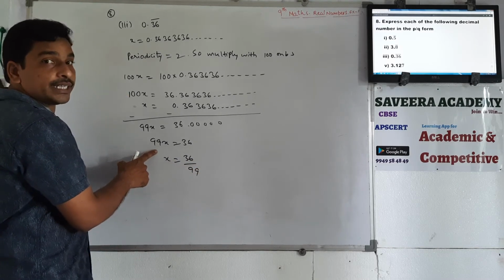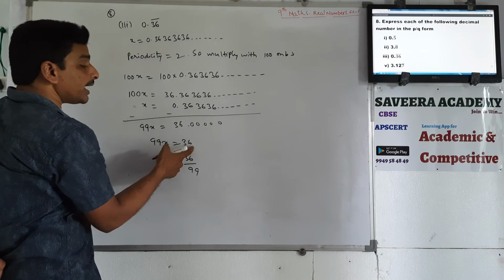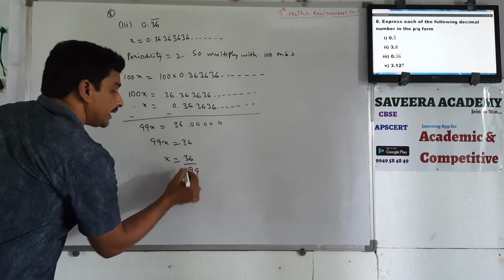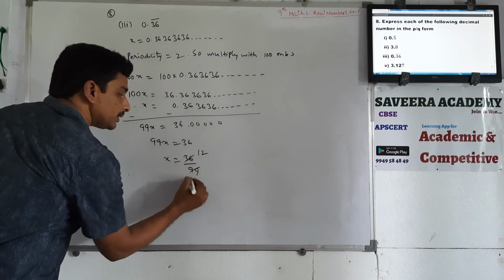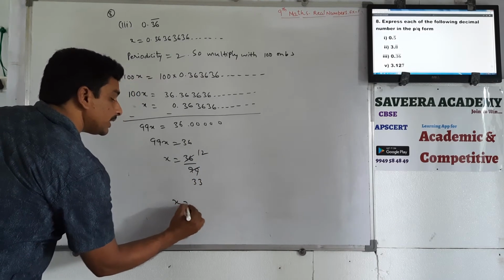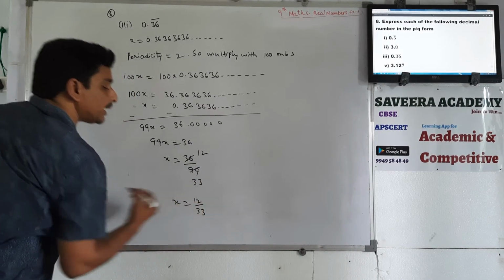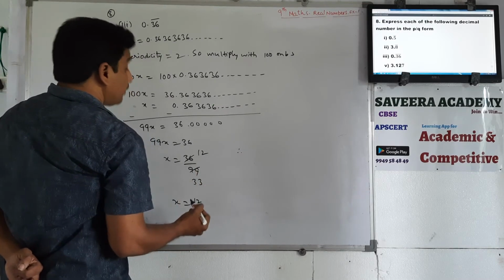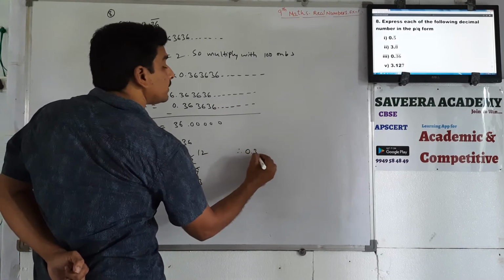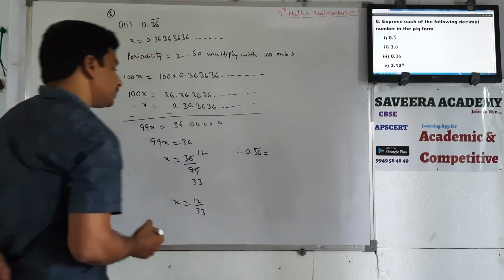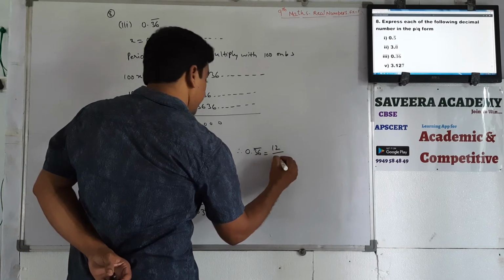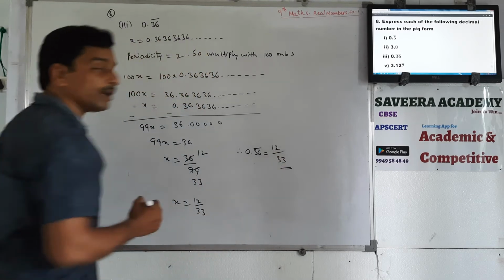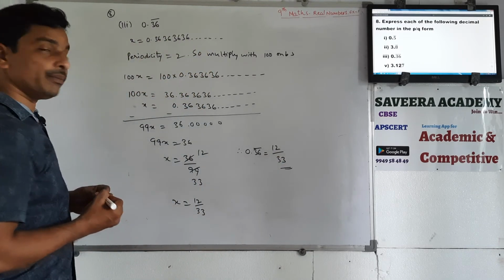On the left side it is multiplying, while it is moving to the right side it divides. The 3 table will go 1 time, 2 times, 3 times. Therefore x is equal to 12 by 33. Therefore we can write 0.36 bar is equal to 12 divided by 33. So this is the P by Q form.